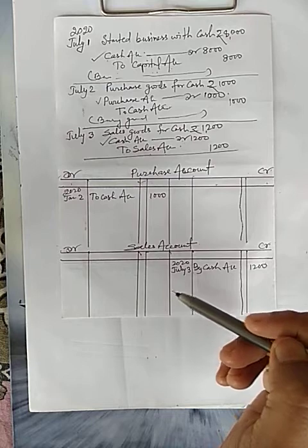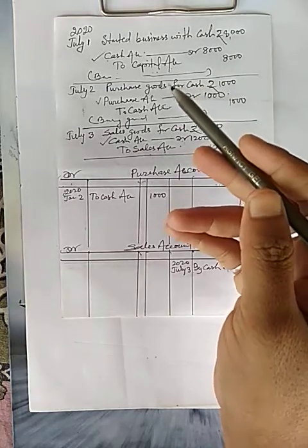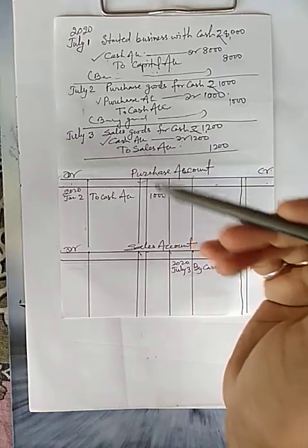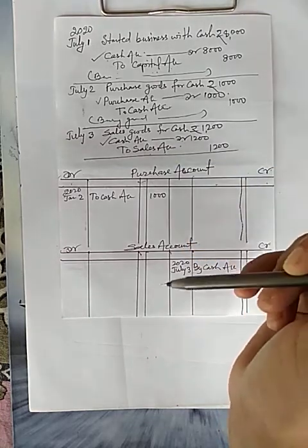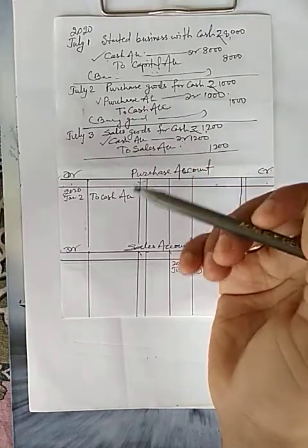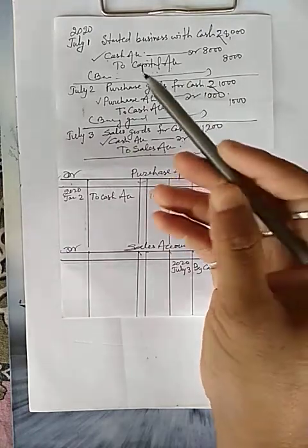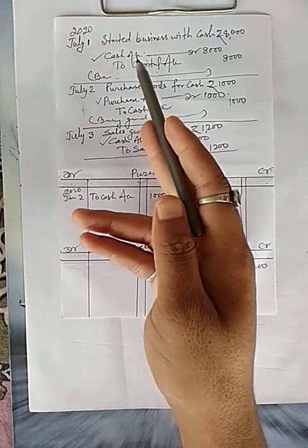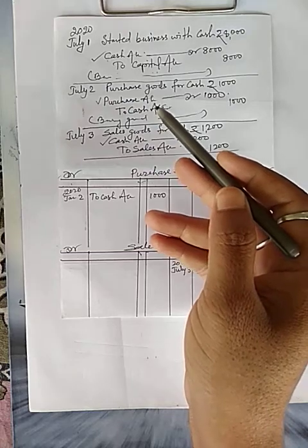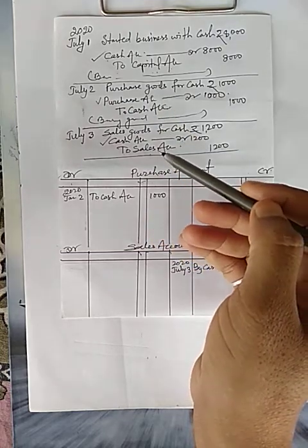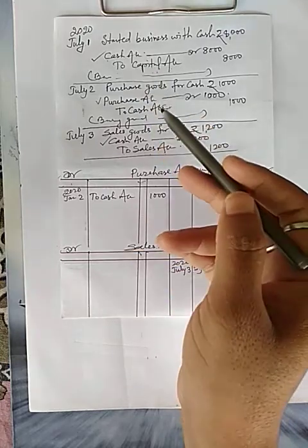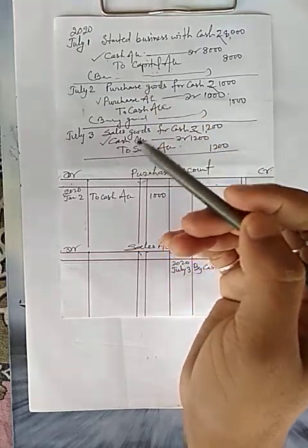So all the accounts shown in journal will be opened separately in ledger. For example, you can see that I have opened cash account, capital account, purchase account and sales account. Cash account will open only one time.